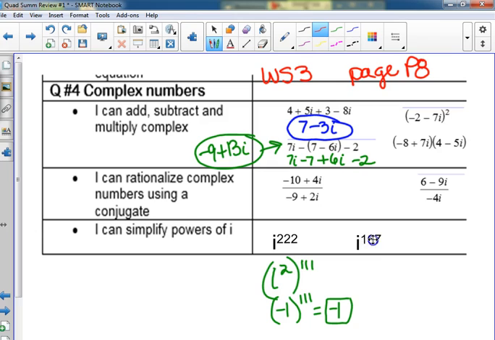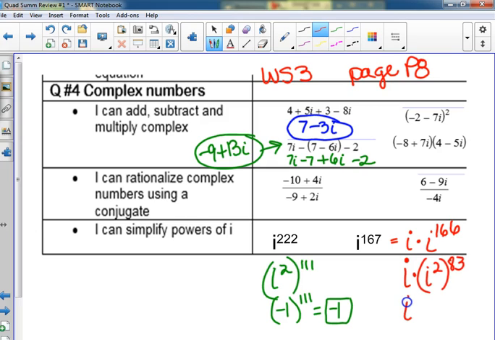What about this one? 167. It's not divisible by 2, so what am I going to do first? I'm going to take one out. Okay, so I'm going to have an i as part of my answer. And 166 is divisible by 2 how many times? 83.